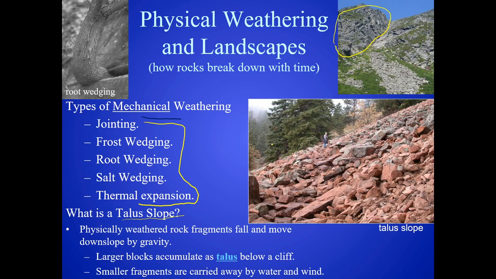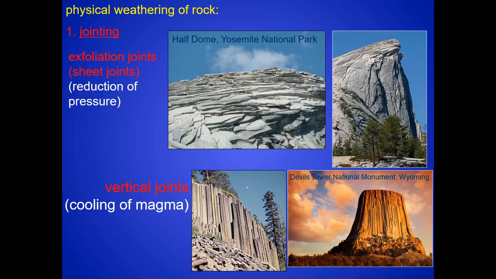We don't have so much of this in a place like Corpus Christi, because a lot of the rocks are buried underneath layers of sediment and layers of mud. So we just don't get as much weathering and erosion here in Corpus Christi, Texas. If we were in the mountains, we would see more things like this. But anyway, let's talk about all these types of weathering.